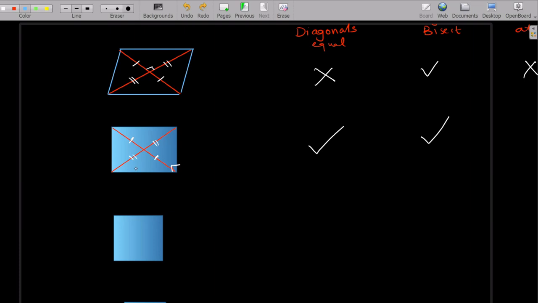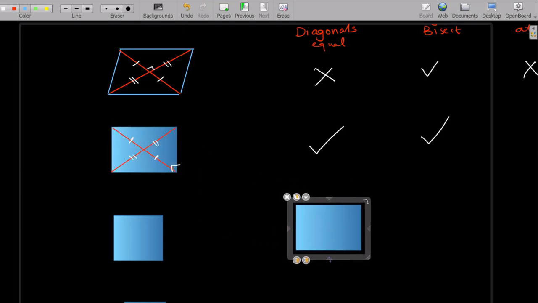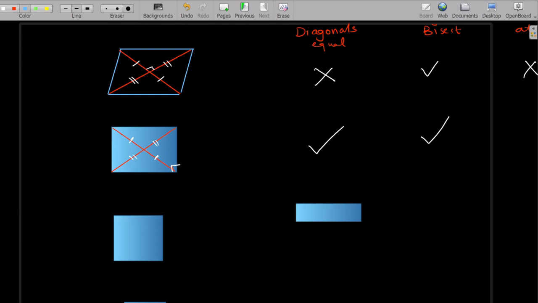No, wait. Let's do this. So I'm going to make it very slim. This is still a rectangle, and draw two diagonals for this. So if a result follows for one rectangle, it should follow for every type of rectangle.